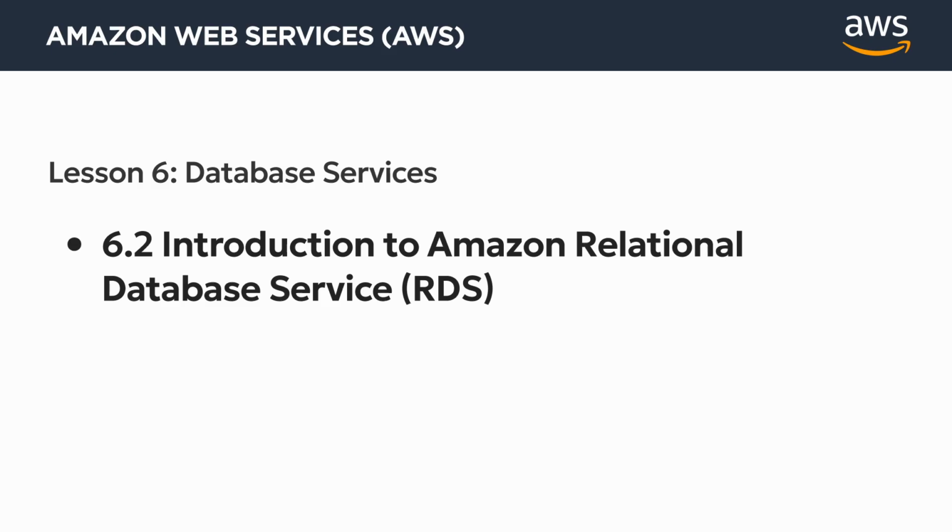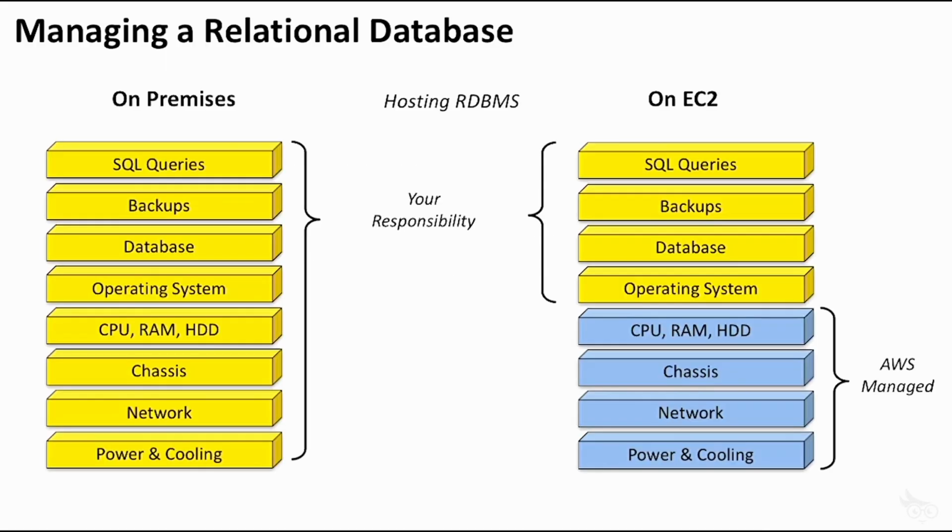Okay, so now let's talk about the Amazon Relational Database Service. Before we get into the details, let's just take a look at what it means to run a relational database on your own. Now, in traditional IT, with on-premises solutions, we were responsible for everything from power and cooling to networking.